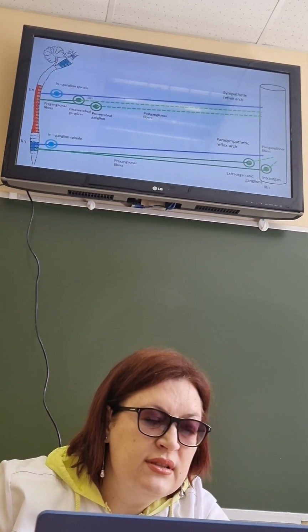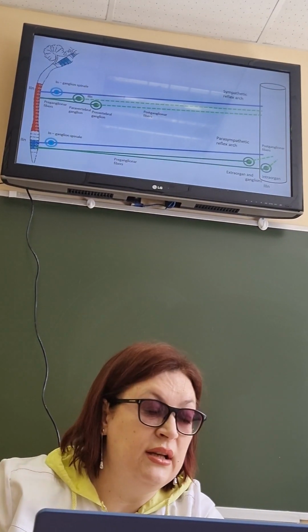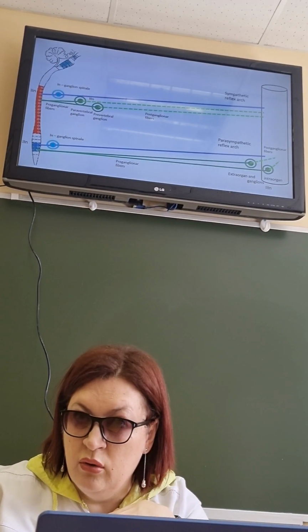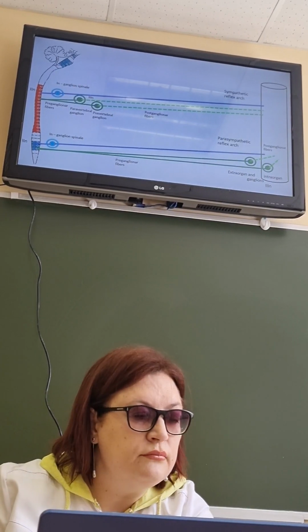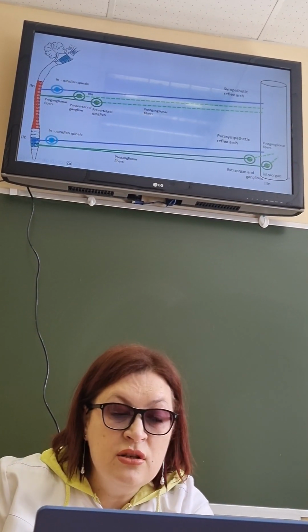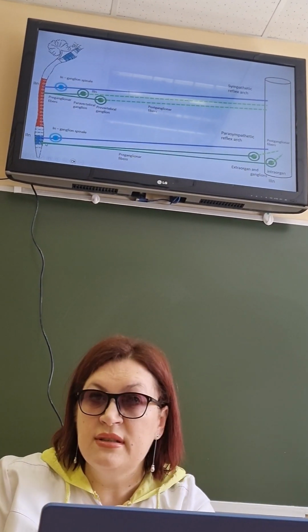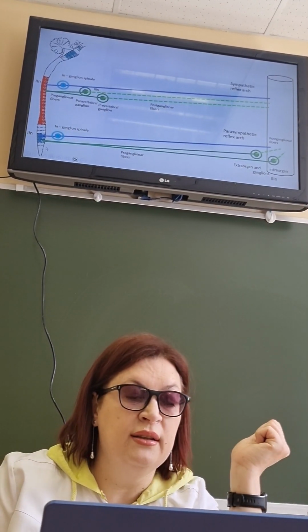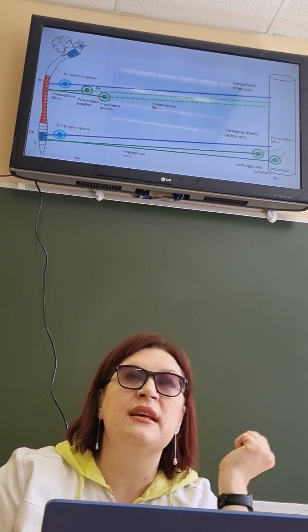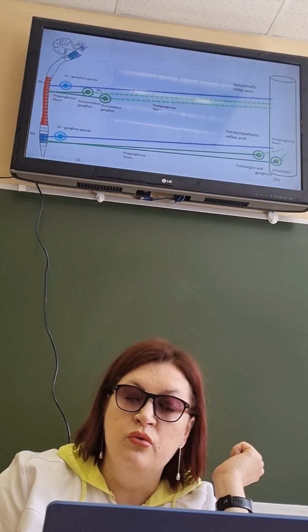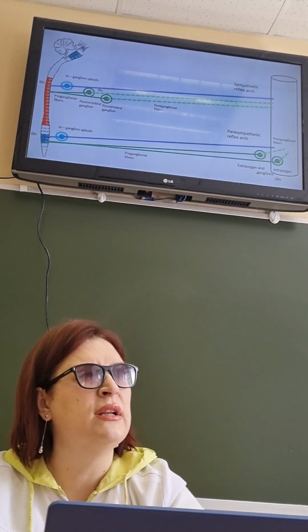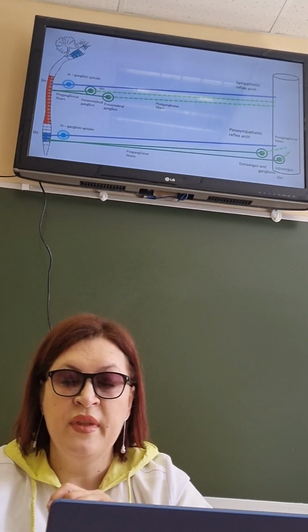The second neurons, associative neurons, are located in the intermediolateral nuclei of the sacral region, three segments. And myelinated preganglionic fibers start from the second neuron and go to the internal organs for innervation: internal organs, glands, vessels.